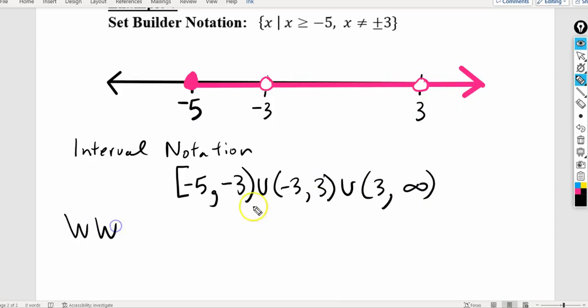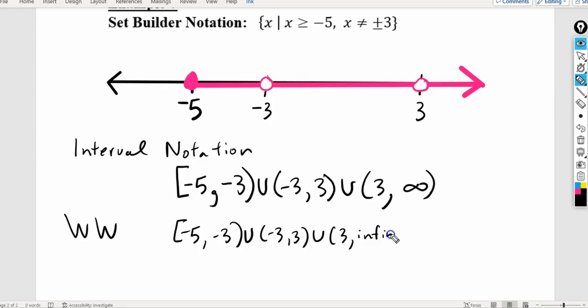And in WebWork, you would type everything in the same as it is now, except where that infinity symbol is, you would write the word infinity. Use a capital U for the gap. So all of that, your answer can be typed in from your keyboard.